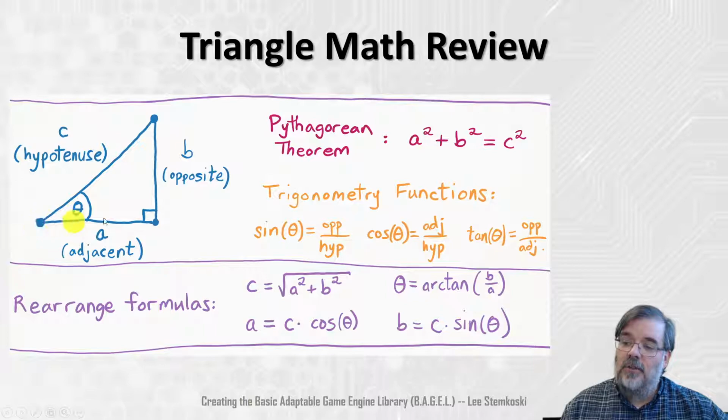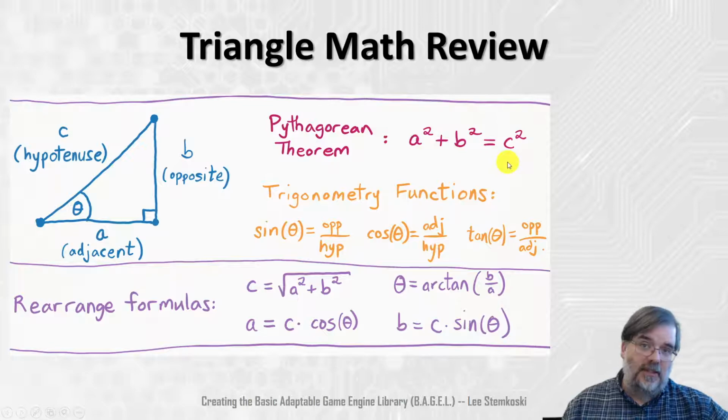And then the other two sides of that right triangle, let's say they have lengths a and b. The Pythagorean Theorem is an equation which relates the lengths of the sides of that triangle. Specifically, it says in a right triangle, a squared plus b squared equals c squared.